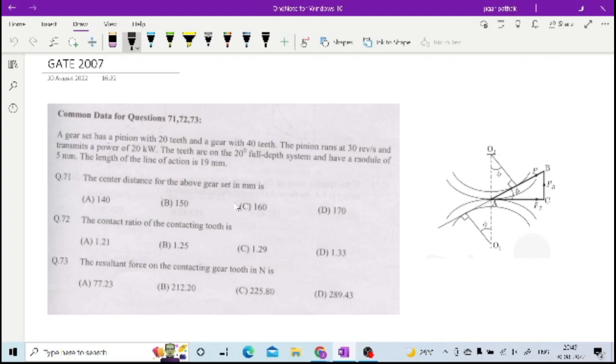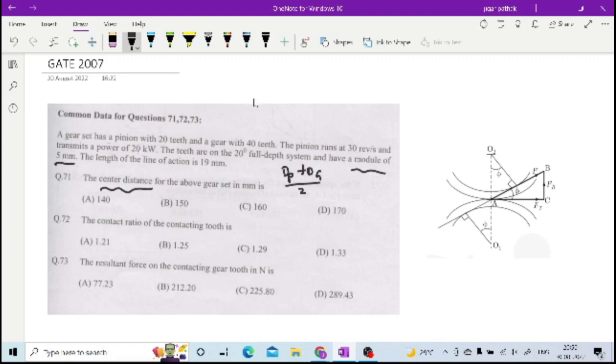What is center distance? We have calculated earlier also, right? Diameter of pinion plus diameter of gear, divided by 2. So here also you can easily do this, right? Because module is given as 5 mm.